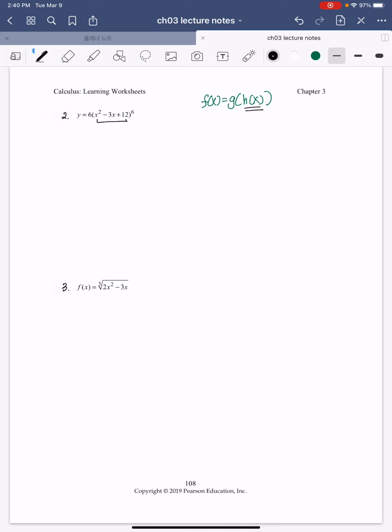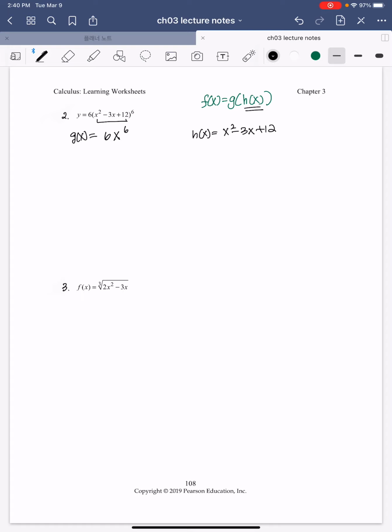Don't forget the 6: 6 times the whole thing to the 6th power. So my intuition tells me h will be what's inside of the parentheses, and I'm going to plug it into this bigger function, 6 times something to the 6th power. So g is 6x raised to the 6th power. And if you compose it, you do get the original.